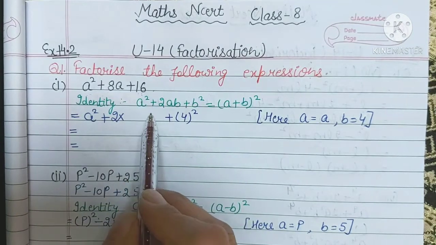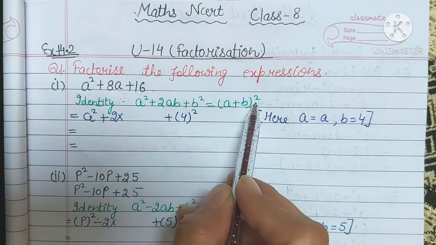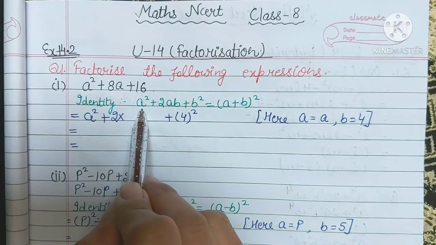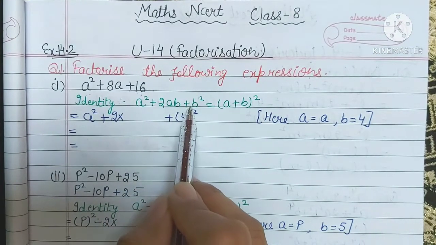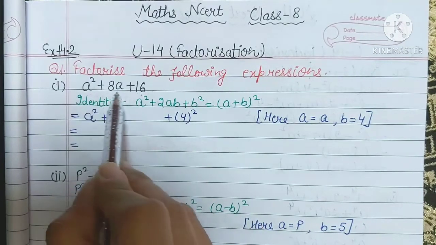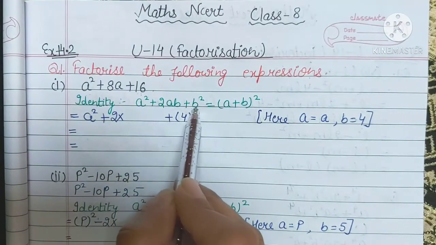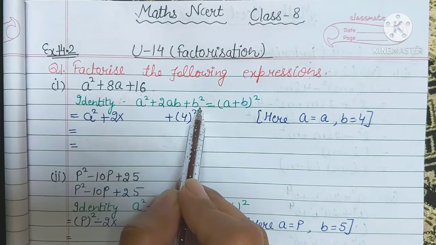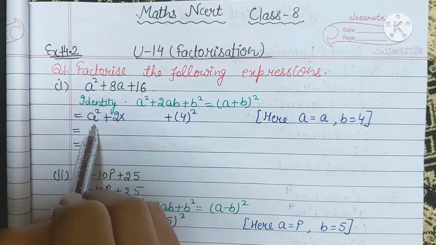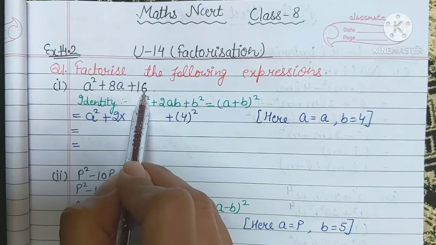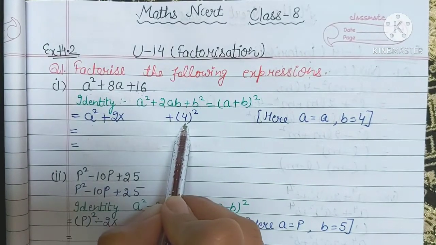Which identity? A plus b whole square equals a square plus 2ab plus b square. So for that we need to convert this into exactly this form. But how do I convert? Just see, first of all, a square I can write as a square. 16, I can write as 4 square.